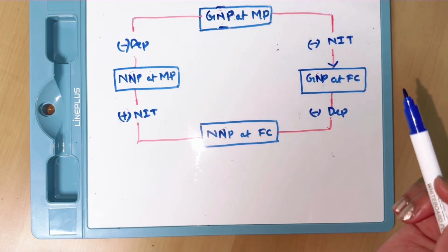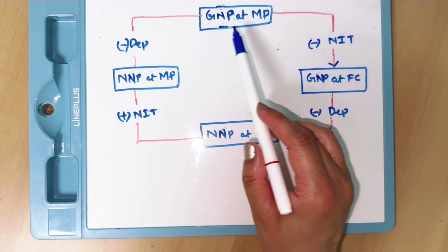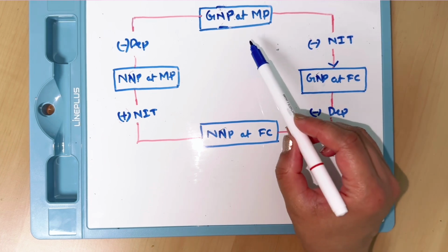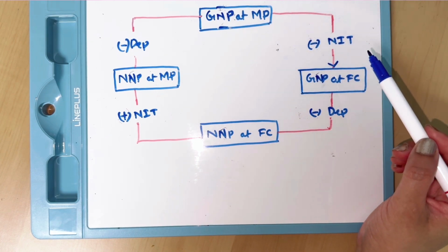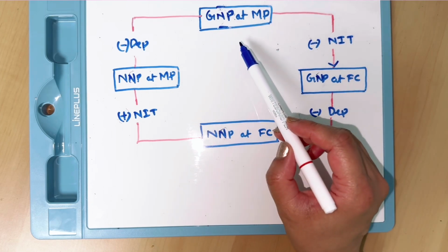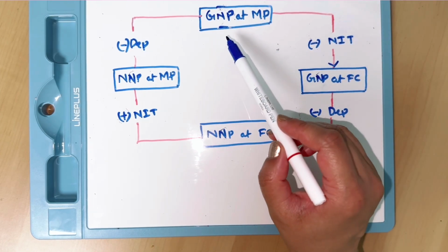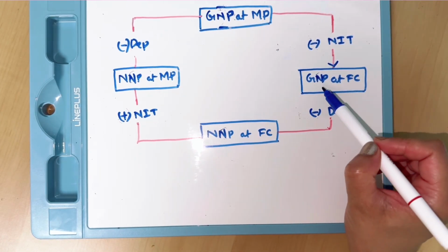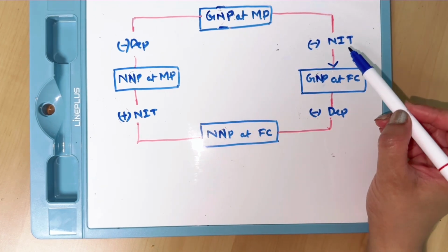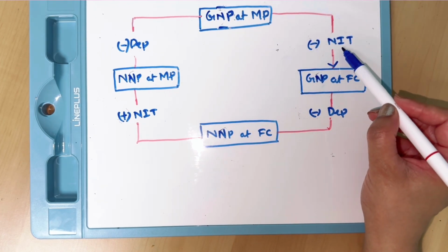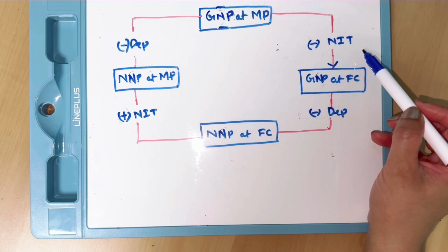Now let us look at the relationship among the four national product aggregates. It is just the same as the relationship among domestic product aggregates. So in order to arrive at GNP at factor cost from GNP at market price, we need to subtract net indirect taxes.